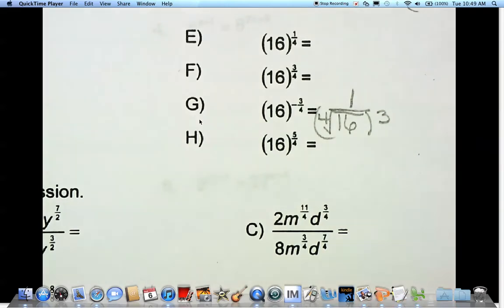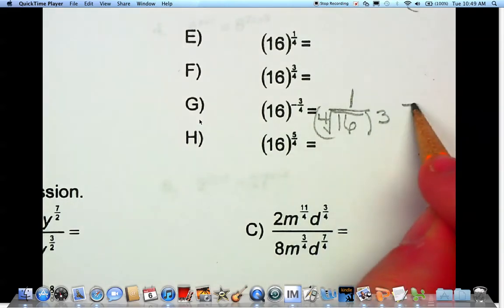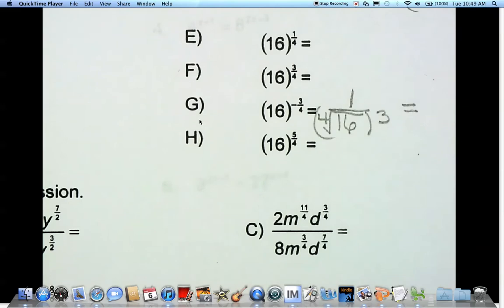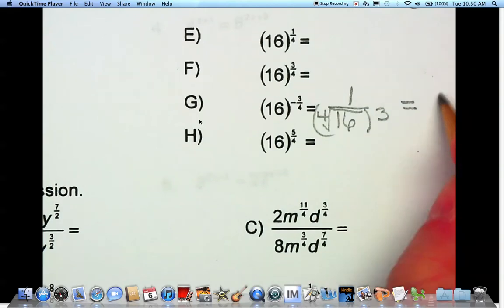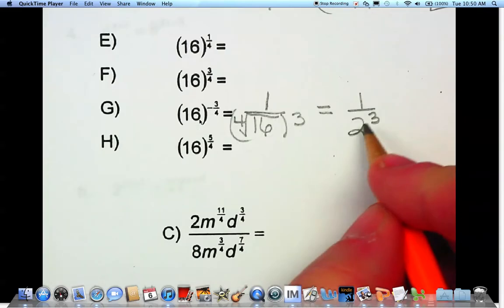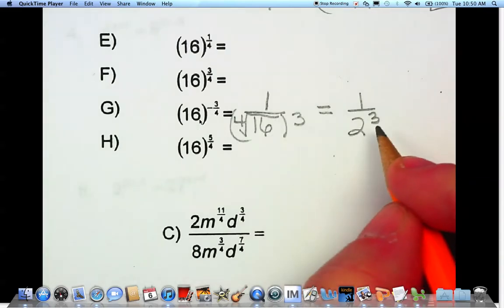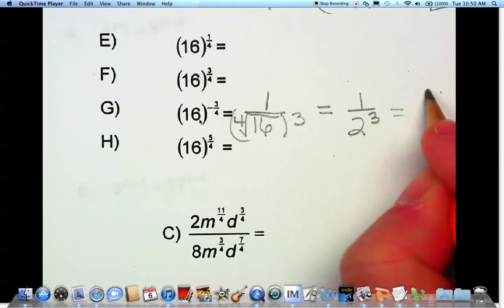Very good. Now, 4th root of 16. That means a number multiplied by itself 4 times. So what times what times what times what? 2. What's 2 times 2? 4. Times 2 is 8. Times 2, 16. Okay. So this would be 1 over 2 to the 3rd. Okay, so then 2 to the 3rd means 2 times 2 times 2. 8. So it's 1 over 8.